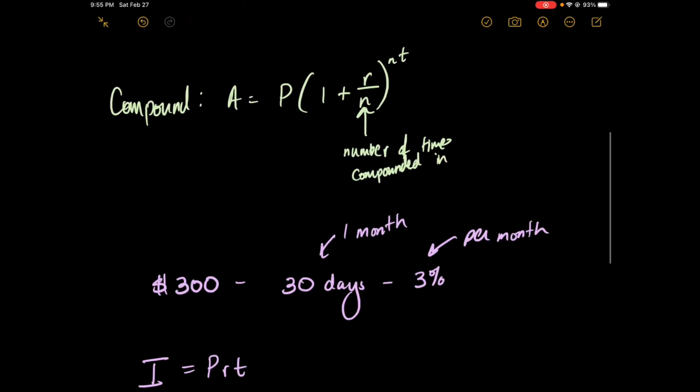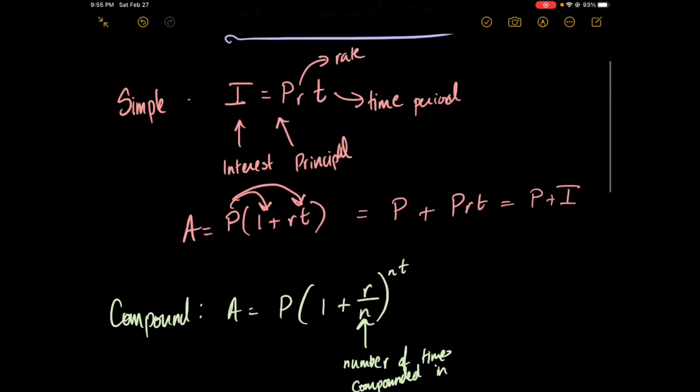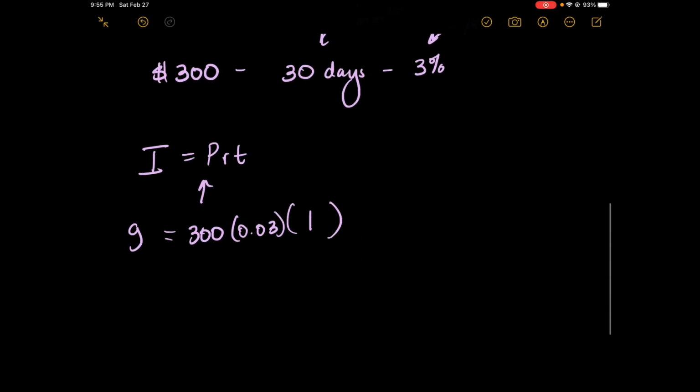Well, how about if I asked how much money he would be holding on to? Or how much money he's going to be getting in total when he returns the money? Well, that is just the initial money that he borrowed plus this $9, which means he should be getting 309.